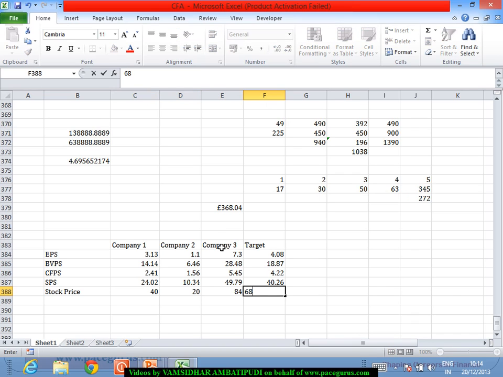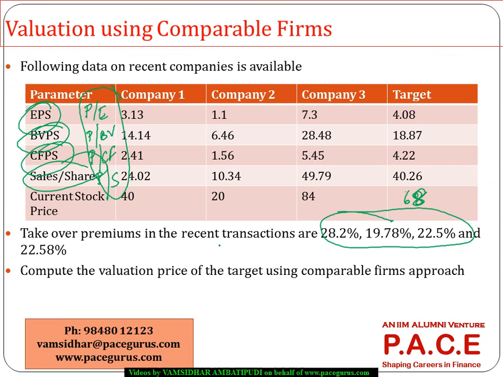Alright, now all I am looking at is, now I have identified in this process, for me, the first step is to identify whichever companies are the comparable companies.